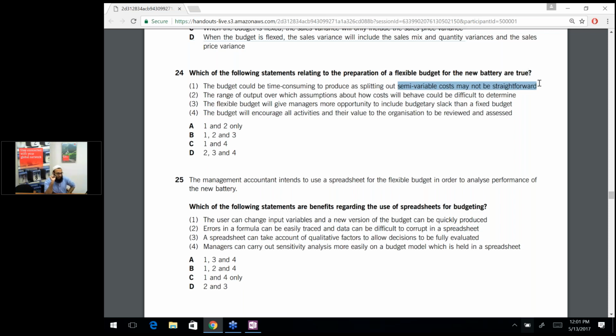Is the first statement correct? Yes, it's correct, because in a flexible budget you need to split semi-variable costs the way we did right now, into two. Did you get my point? So yes, this is time consuming.